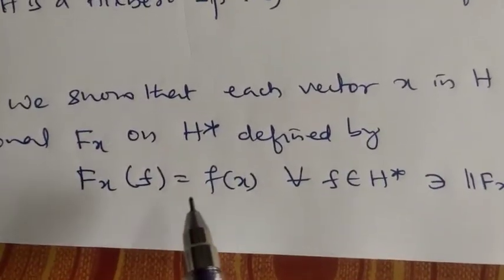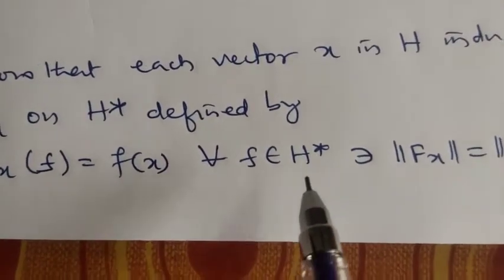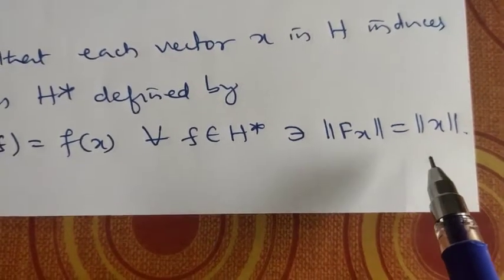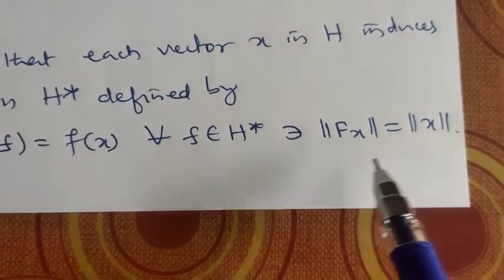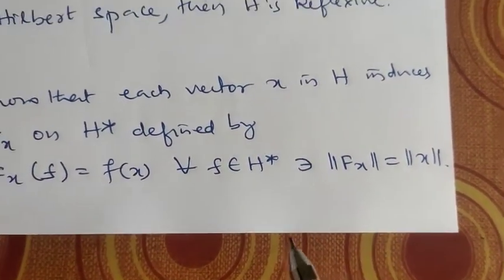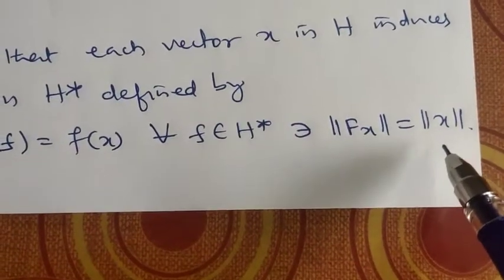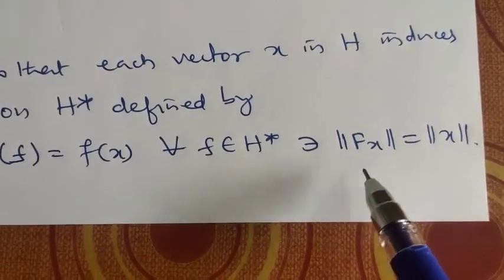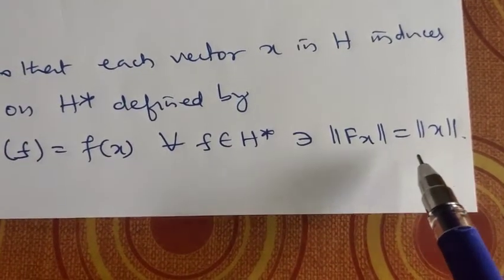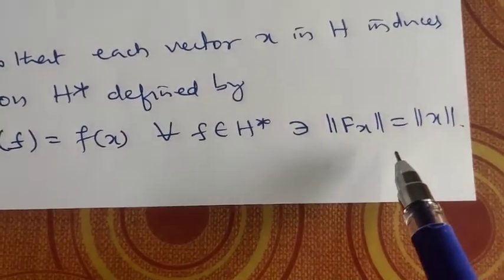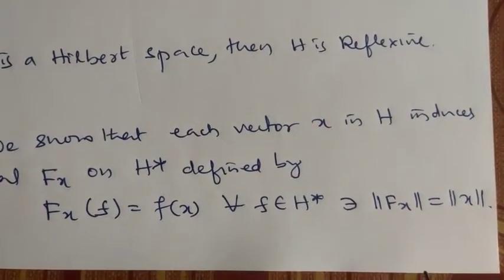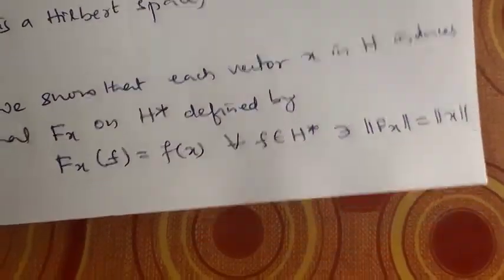So fx of f is f of x for every f belongs to H star, and such that norm of fx is the same as norm of x. This theorem has totally the same steps as the previous theorem. There also we showed norm of y is norm of fy. Here we are going to show norm of fx is the same as norm of x, because we use this while showing the isometry of the mapping. Understand now? So we'll prove one by one.